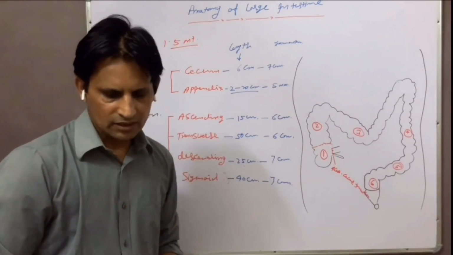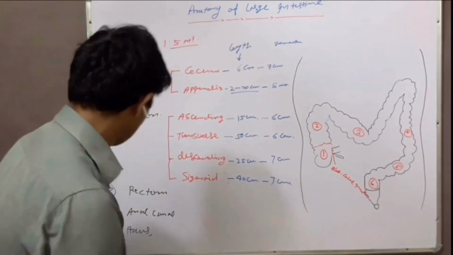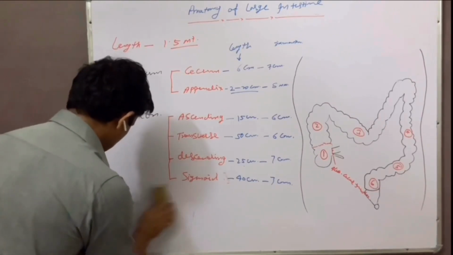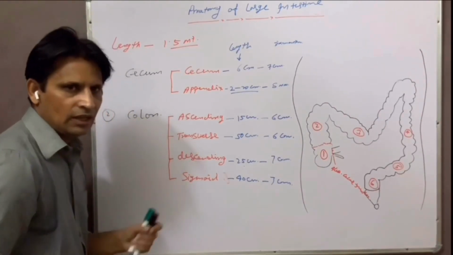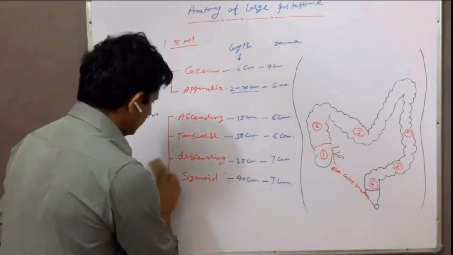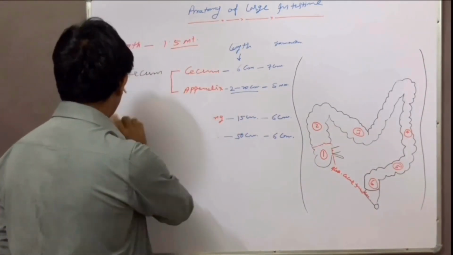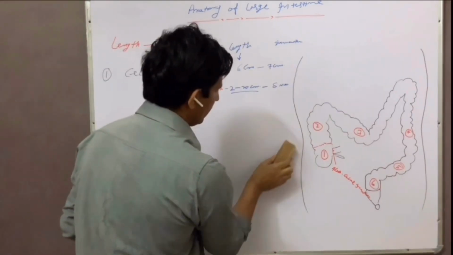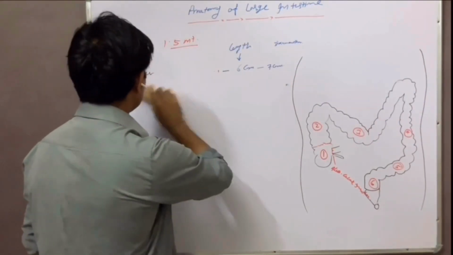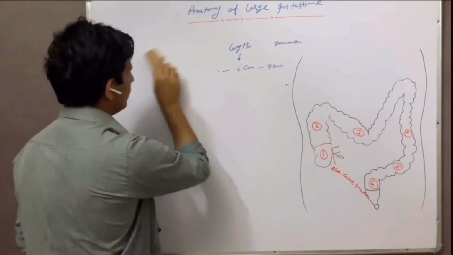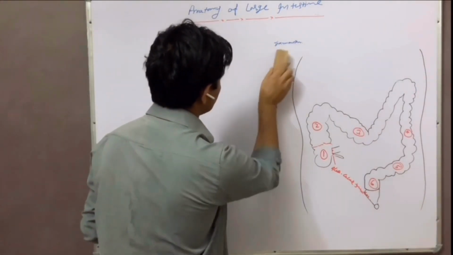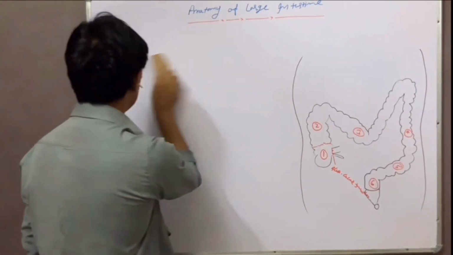Okay. Let's come to one more important thing. As you all know, all the organs which are situated in the abdominal cavity have some connection with the peritoneum, right? So what is the peritoneal relation of this part?